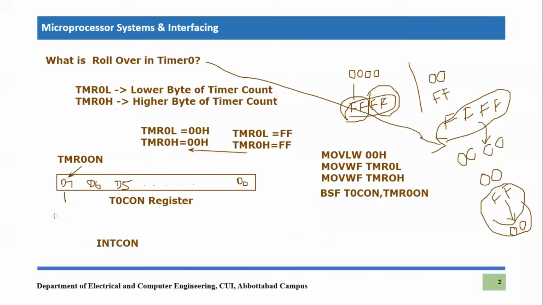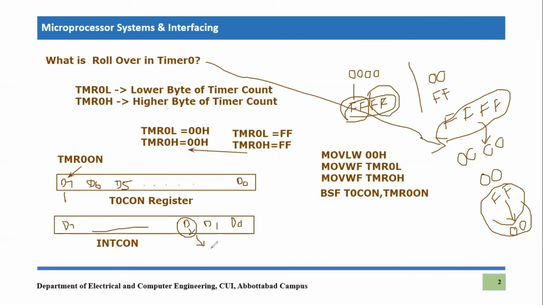We won't be discussing all the registers right now, but you know that this is basically a PIC18F microcontroller, and it will have D0, D1, D2, up to D7. Their D2 bit, or third bit, is of importance to us right now. Right now, we will be using this bit.